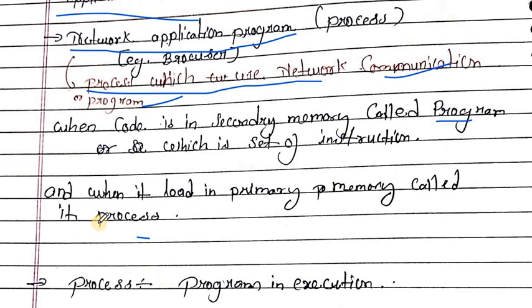And out of these processes, the ones in network communication, meaning communication with other external programs, are called network processes. The process which does not involve communication with other programs is a normal process.